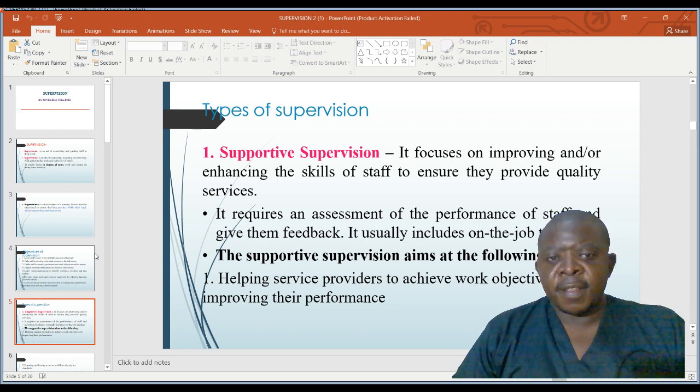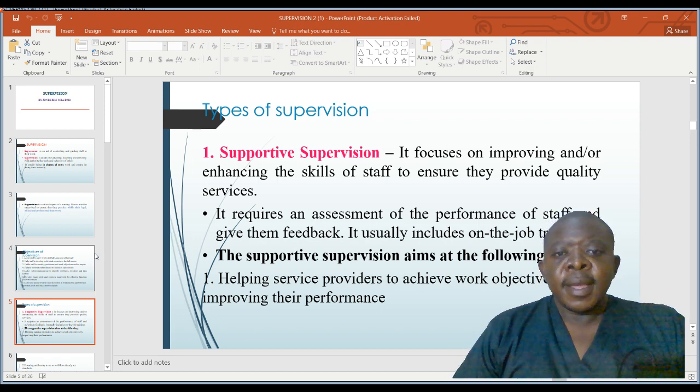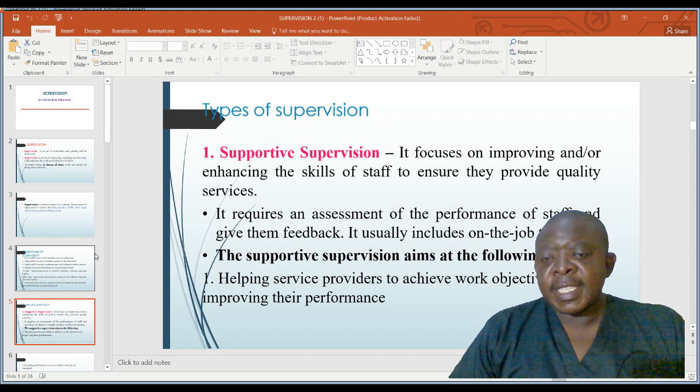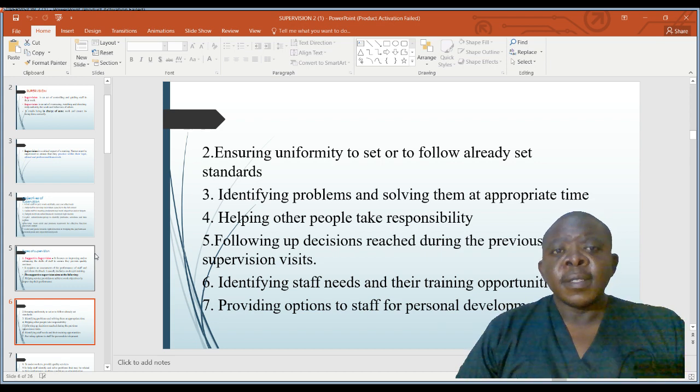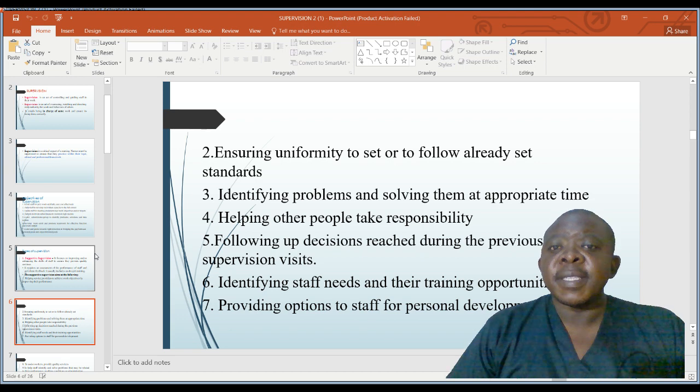at the following. One, helping service providers to achieve work objectives by improving their performance. Two, supportive supervision helps in ensuring uniformity in following already set standards.